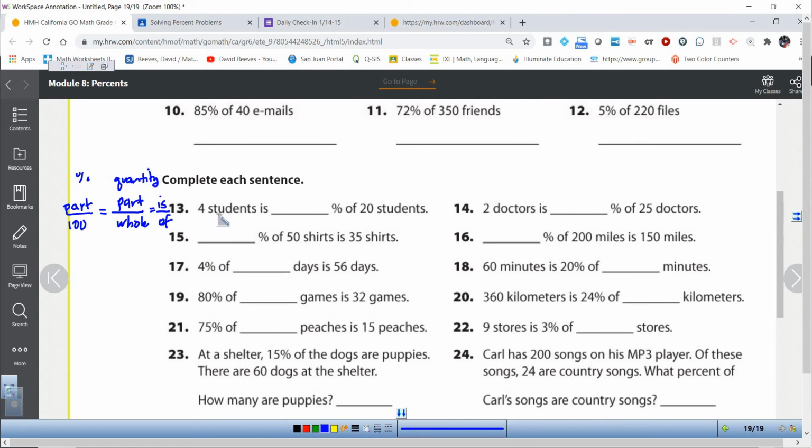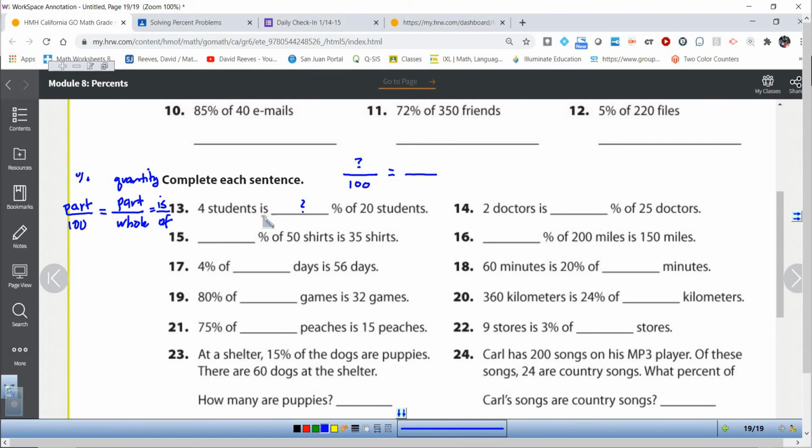So for number 13, 4 students is what percent of 20 students, okay? So if I go right above it and I go to write my ratio, well, here's my percent, right? We don't know the percent. They didn't tell us what the percent was, but we do know percent is always over 100. All right, now, what is the part and what is the whole? Are there 4 students whole or 20 students whole?